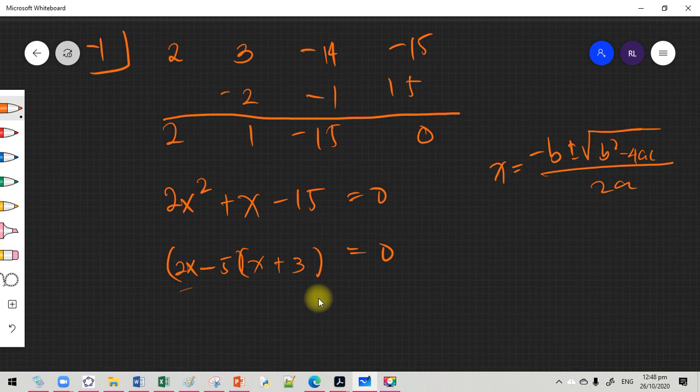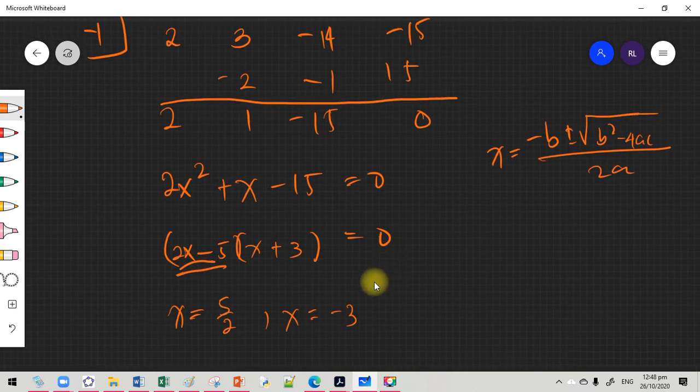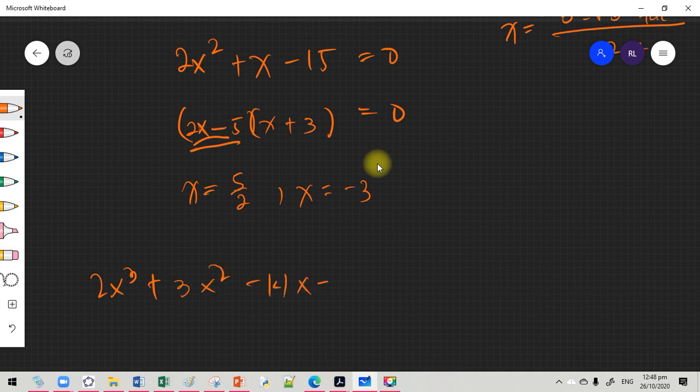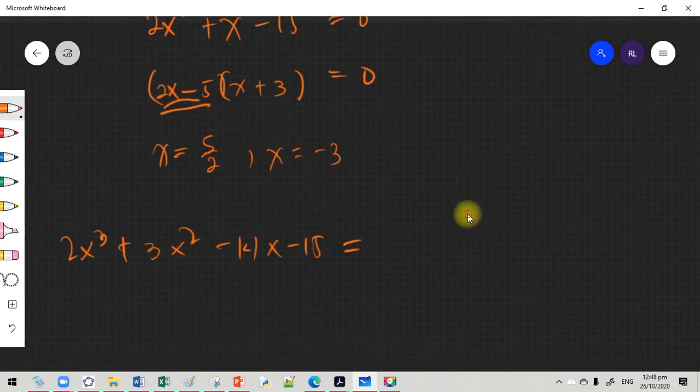Therefore the solutions are x equals positive 5 over 2 and x equals negative 3. So if we go back to our idea in factoring polynomials, 2x cubed plus 3x squared minus 14x minus 15 becomes, let me see if that's correct.